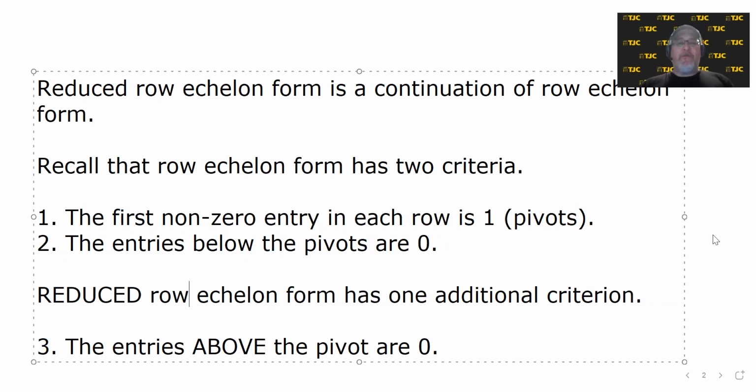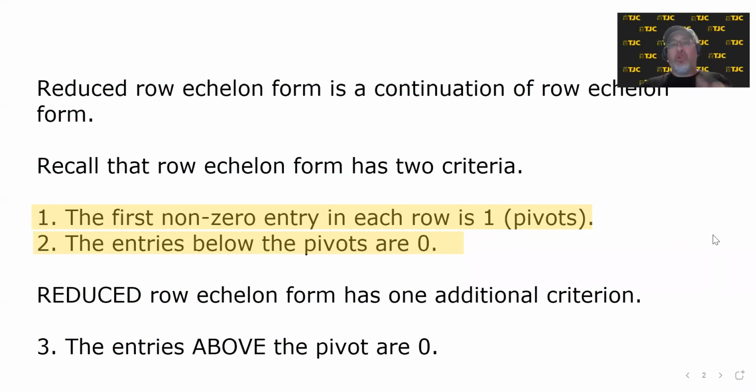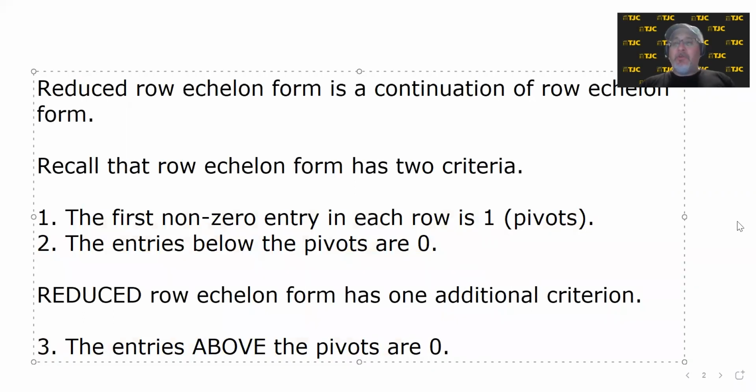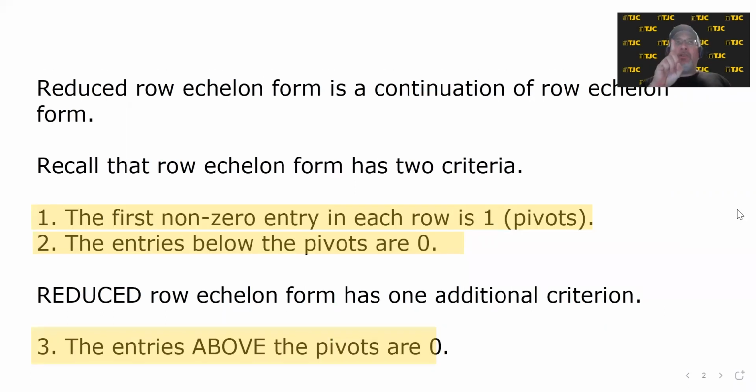Reduced row echelon form has one additional criterion, and that criterion is the entries above the pivots are 0. So in other words, when we create this 1 as the first number in the row that isn't 0, in addition to zeroing out everything below it, we also zero out everything above it and get as many zeros above and below these ones as we possibly can.